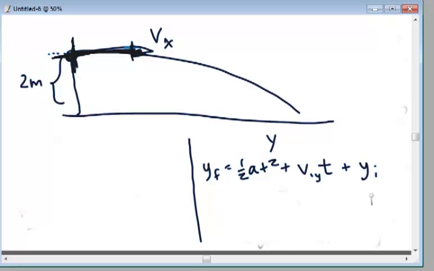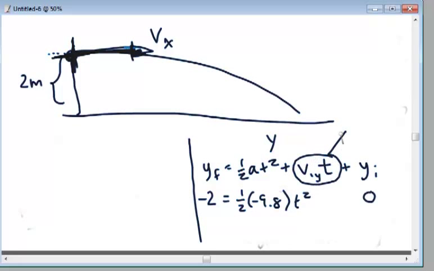And so our initial y will be 0, our final y will be 2 meters below that. And that will equal 1/2 times -9.8 times t squared. This term, you should know by now, goes away because it's pure Vx to start with. Okay, solve this for t, and that'll be the answer to question C.